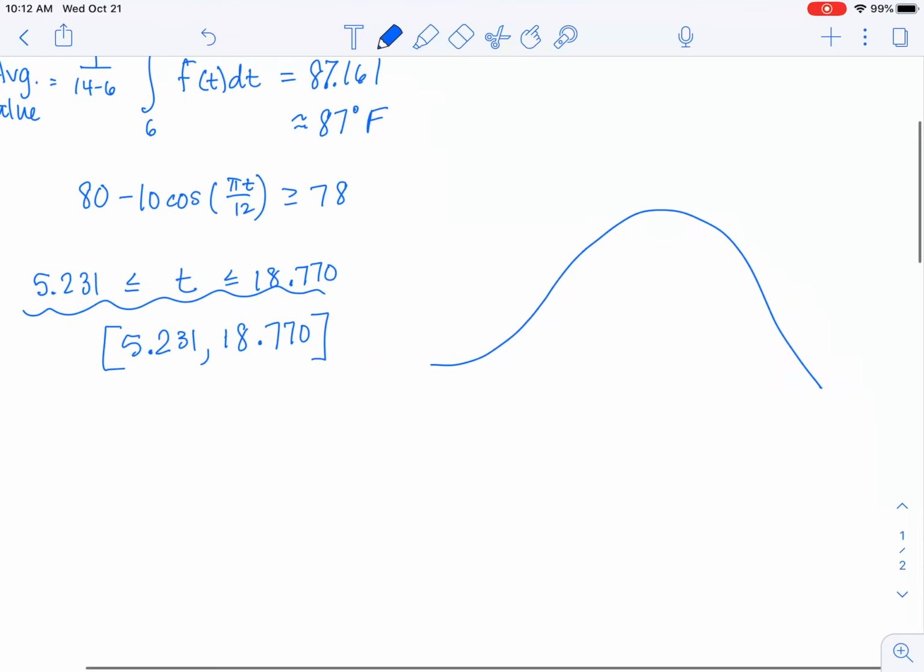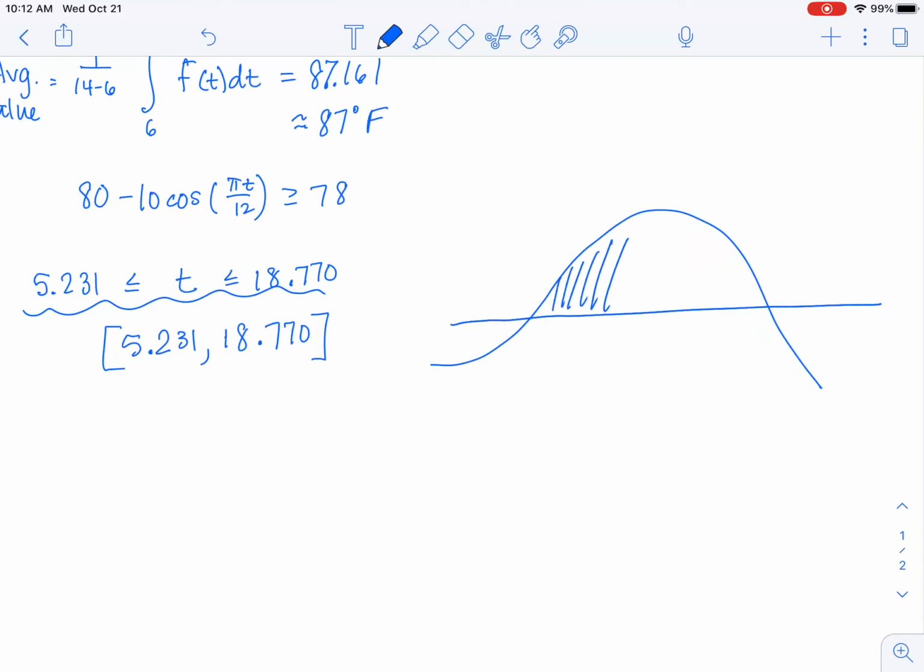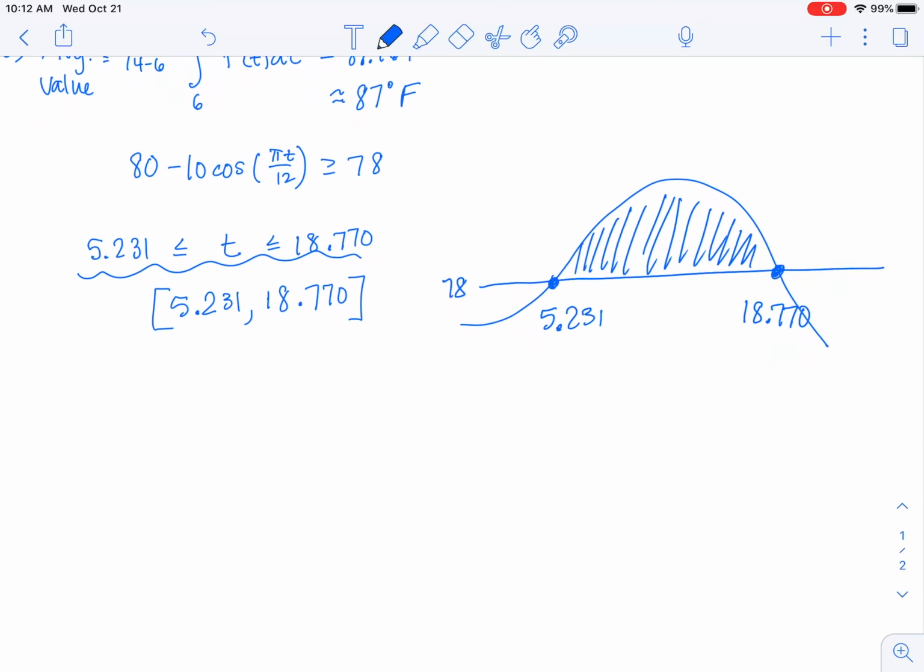If you put 78 degrees on there and draw a horizontal line, this is where it equals 78 degrees, at 5.231 and 18.770. We're looking for this area up above.